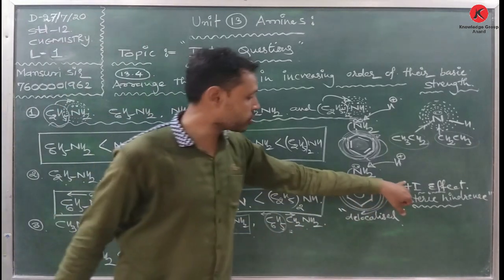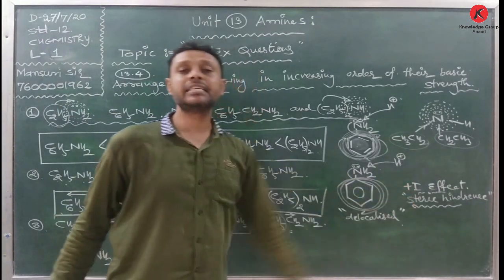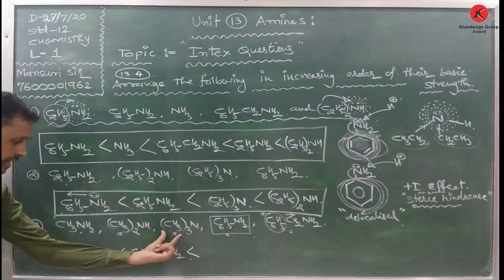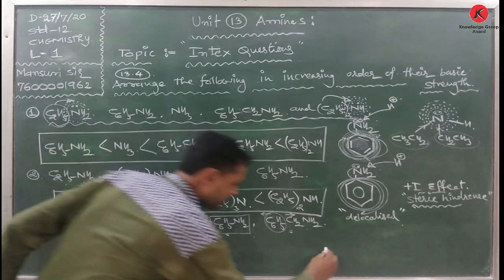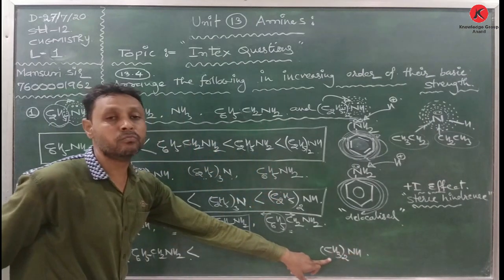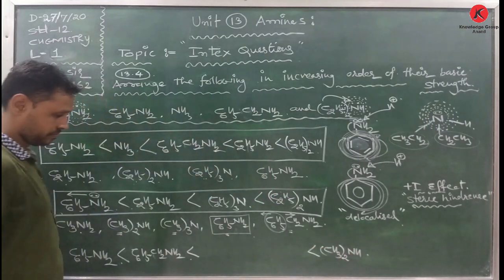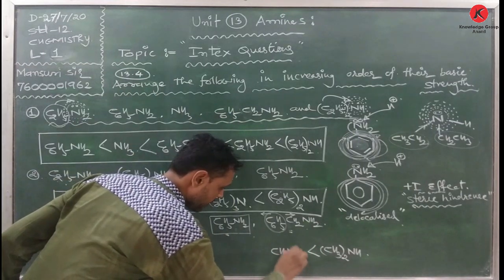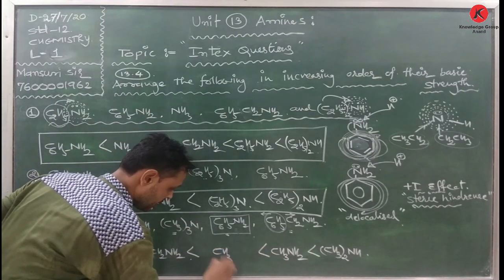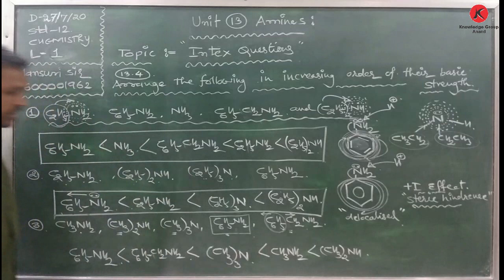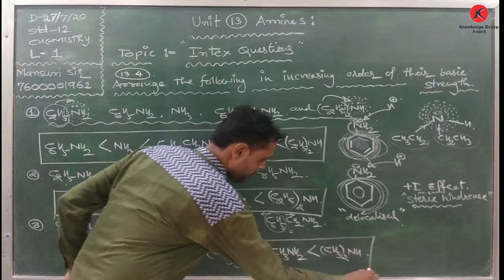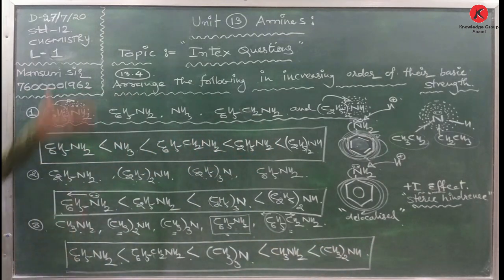After studying these two effects, you can very well understand that (CH3)2NH is more basic than CH3NH2, which is more basic than (CH3)3N. So this is the order of basicity in these amine compounds.